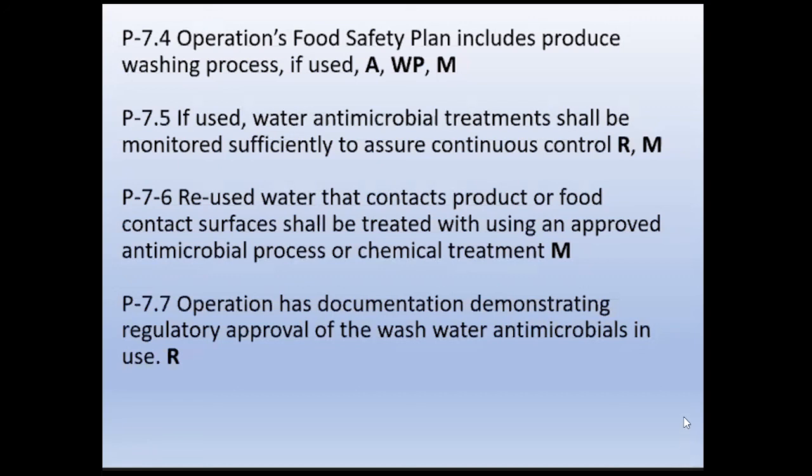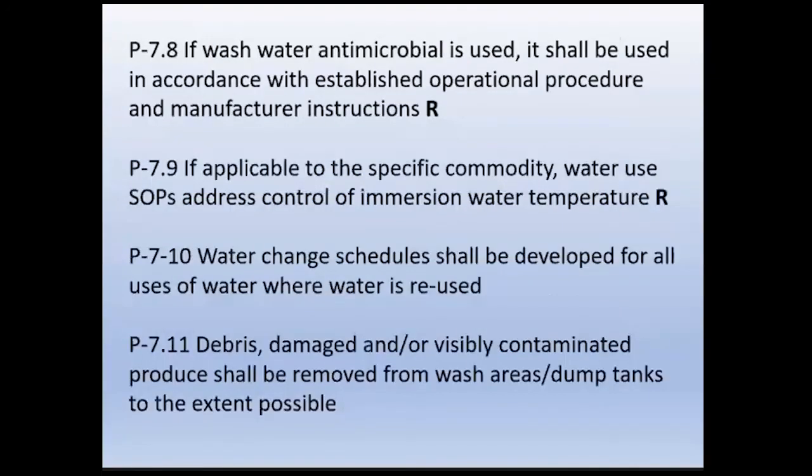P 7.7, operation has documentation demonstrating regulatory approval of the wash water antimicrobials in use. And again, what this refers to is that the antimicrobial product, the sanitizer that you're using, must be EPA approved for food contact, and that does align with the Produce Safety Alliance.